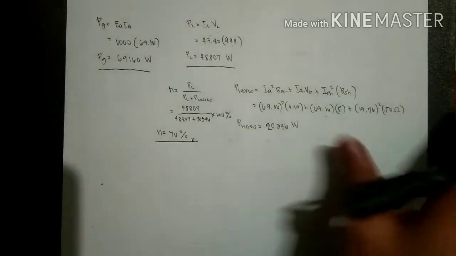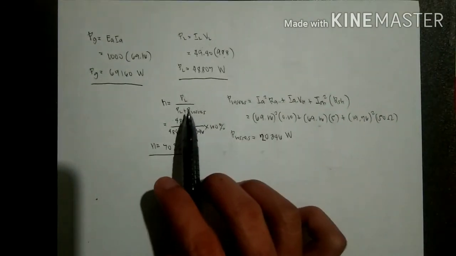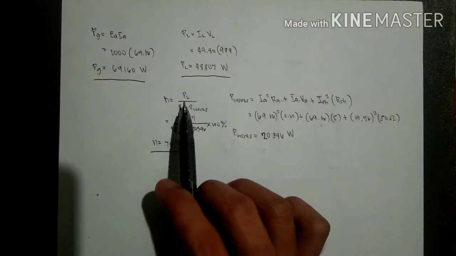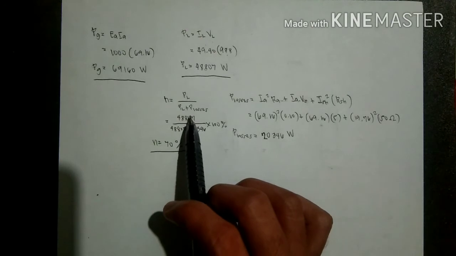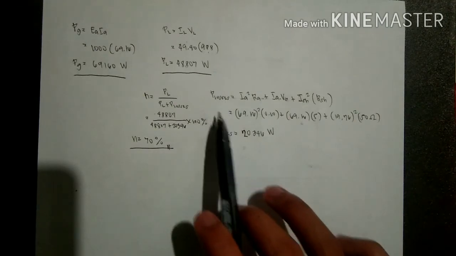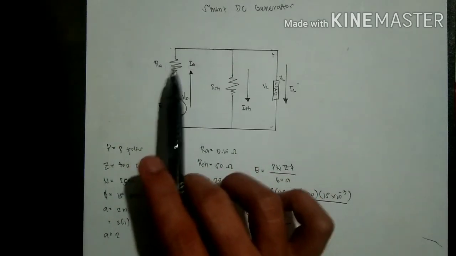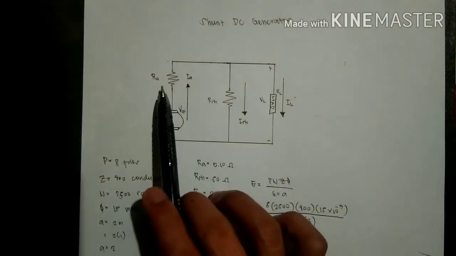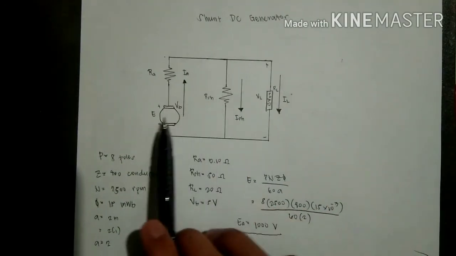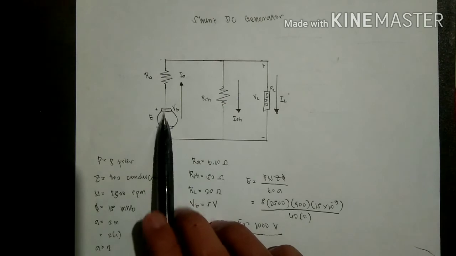Since we now have the power delivered, we can also get the efficiency of our generator. The formula is PL over PL plus power losses. How to find the power losses? As we can see in this part, there is a power loss here, as well as here, as well as in the part where the brushes are attached.